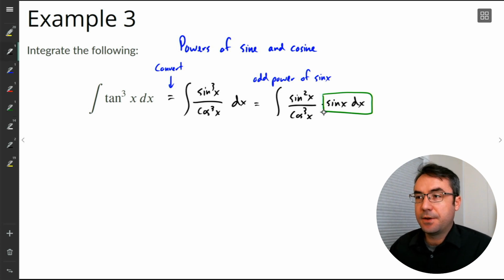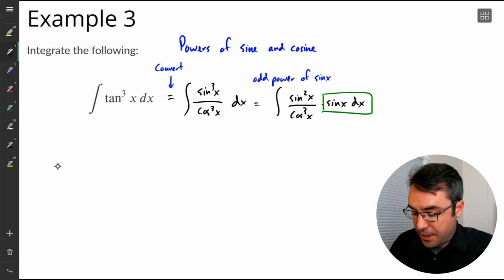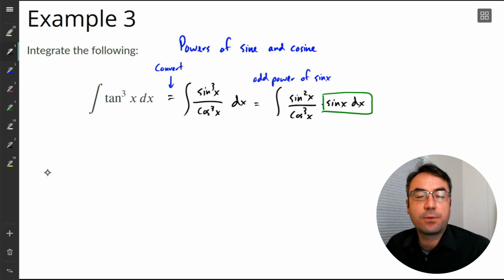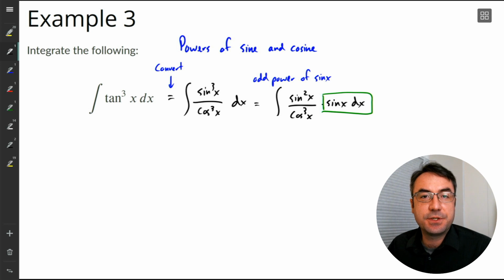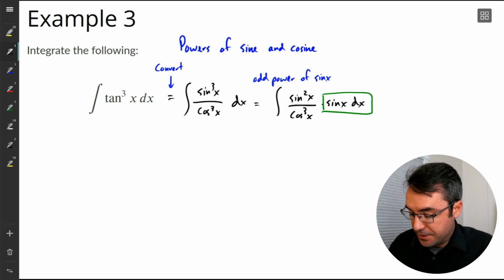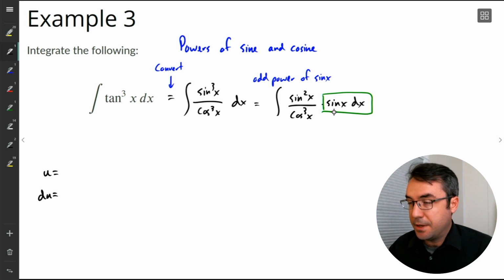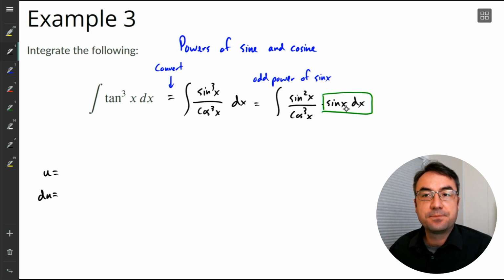So let's think, if that's going to become our differential, let's work backwards to figure out what the u substitution is going to be. If sine x dx is going to become our differential, how do we get sine?